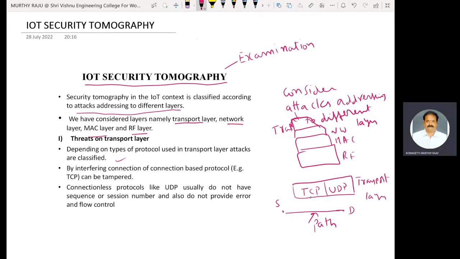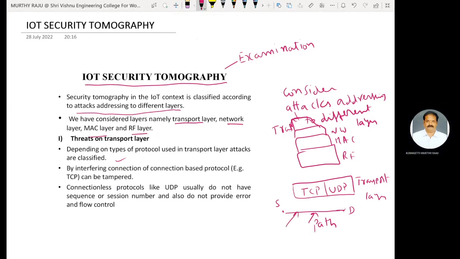TCP is a connection-oriented protocol because before transferring the information from the source node to the destination node, a connection must be created between them. By interfering with this, the connection can be tampered.